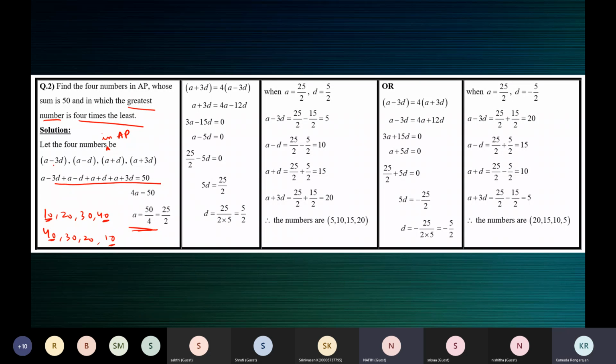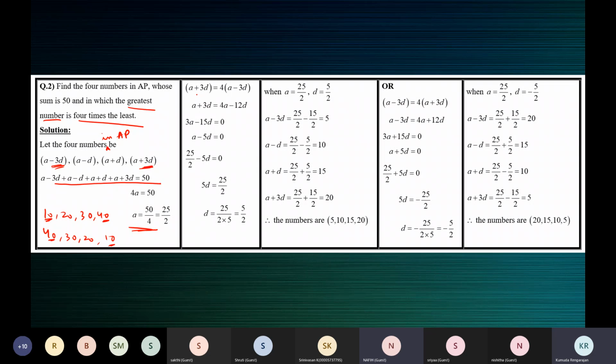So between A minus 3D and A plus 3D, we do not know which is the greatest or which is the least. If this is the greatest, then this is the least. If this is the least, then this is the greatest. So we have 2 cases here.